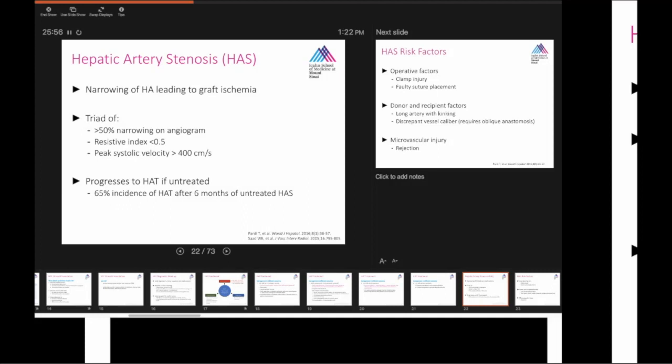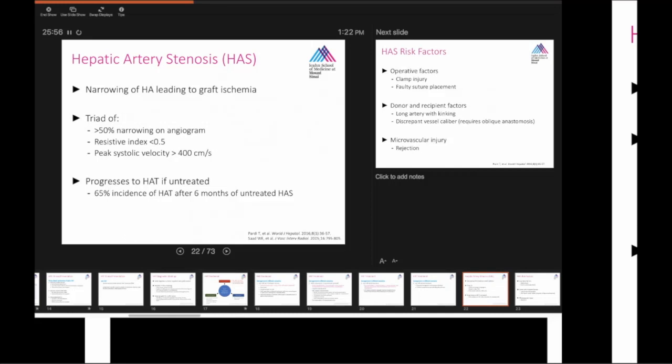Hepatic artery stenosis is a little different. Whereas HAT is a clot that occludes the hepatic artery, with hepatic artery stenosis it's a narrowing of the artery itself. And the idea is the same. It leads to graft ischemia and biliary problems. Hepatic artery stenosis is a triad of more than 50% narrowing on angiogram, a resistive index of less than 0.5, which means it's narrow and blood flow through it is slow, and, because it's a narrowed lumen, a high systolic velocity through it.